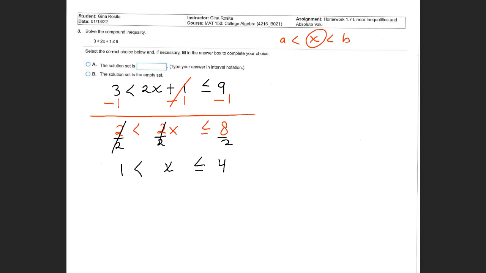Now we write the interval notation, because they ask for it. This is less than, so it's open. This is less than or equal to, so it's a bracket. So between 1 and 4.